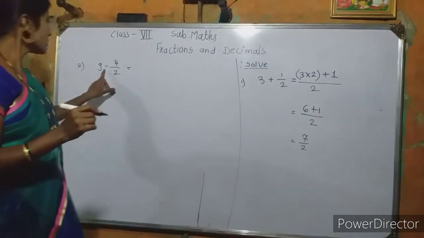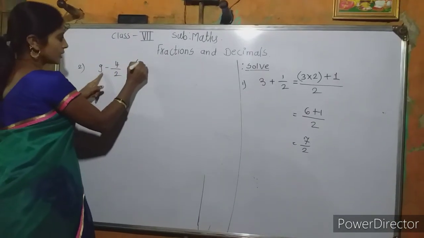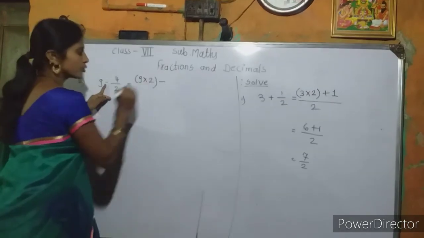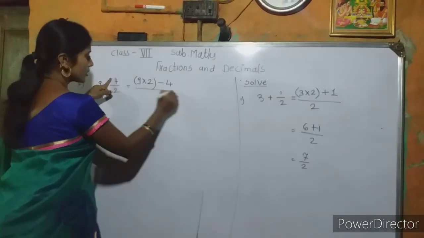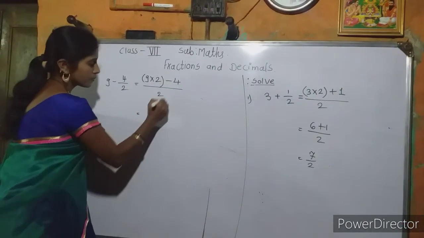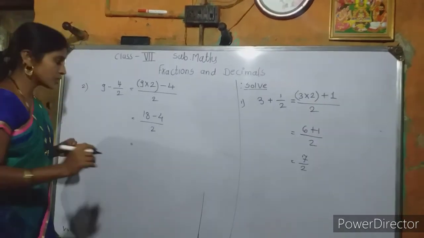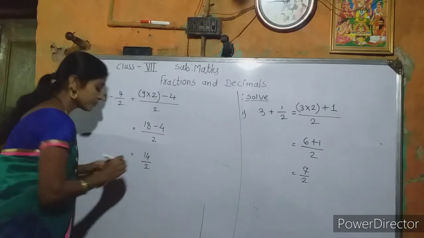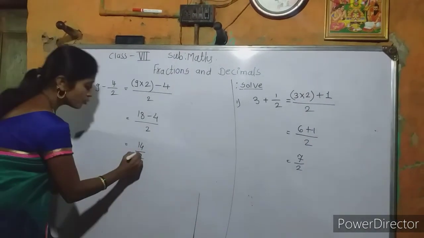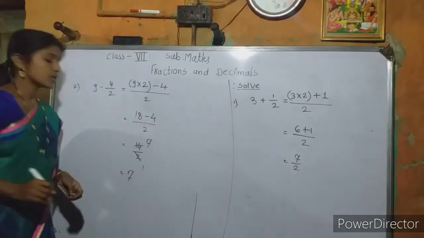First, 9 multiplied by 2, then the minus sign, so we put minus 4 divided by 2. Then 9 twos are 18, minus 4, divided by 2. 18 minus 4 is 14 divided by 2. In the table of 2, 14 is there. 2 ones are 2 and 2 sevens are 14. That means the answer is 7.